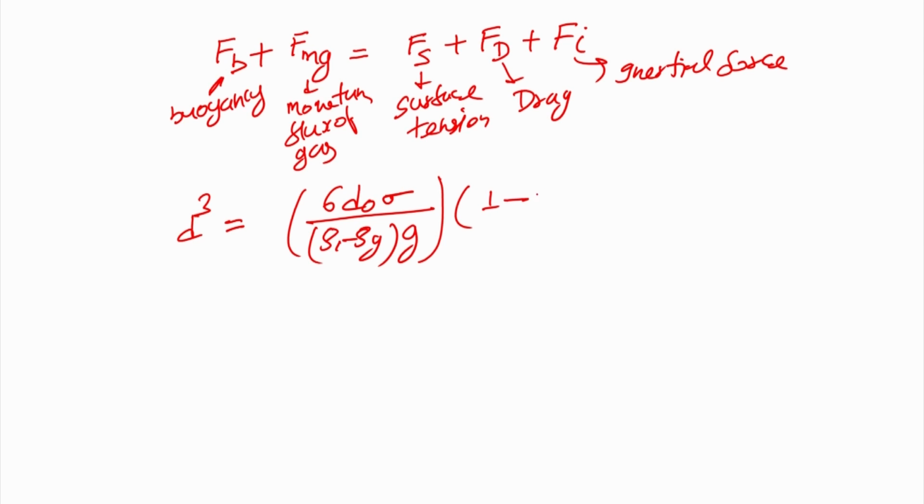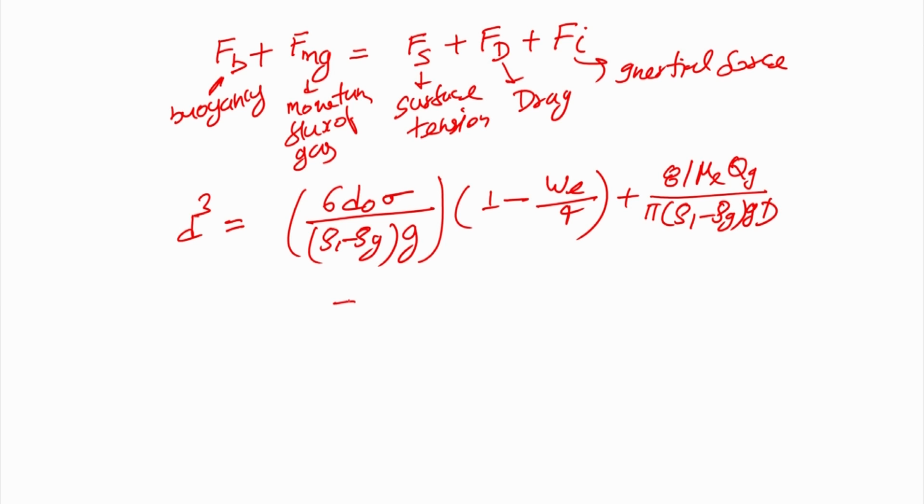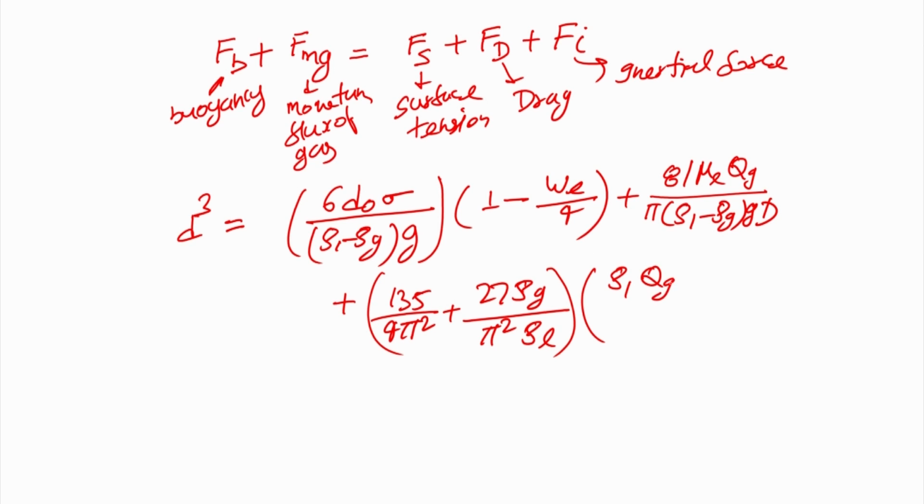It will be multiplied by 1 minus Weber number upon 4, plus 81 into mu of liquid, which is the viscosity of the liquid, Q of gas, the volumetric flow rate of gas, into pi, over (rho L minus rho G) into g d, plus 135 upon 4 pi square plus 27 rho G upon pi square rho L, multiplied by rho L into Qg square upon (rho L minus rho G) into g d square.